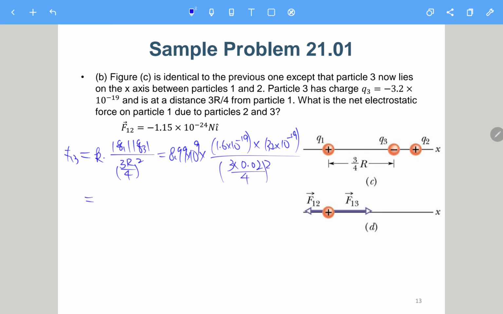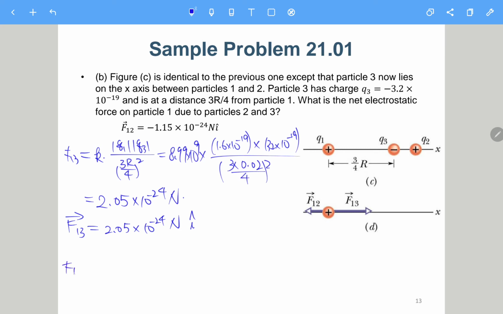So when you use your calculator, you can find it as 2.05 times 10 to minus 24 Newton. And actually, Q1 is positive, Q3 is negative, so F13 points to the positive side. So in this case, F13 vector is 2.05 times 10 to minus 24 Newton i.